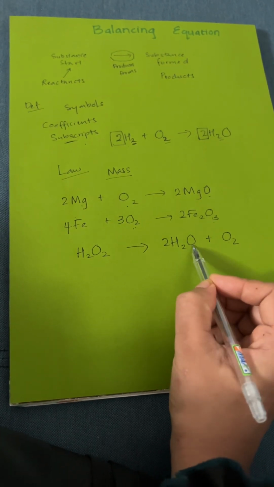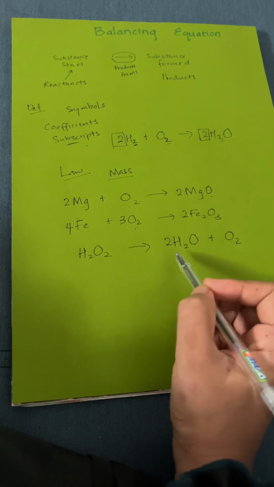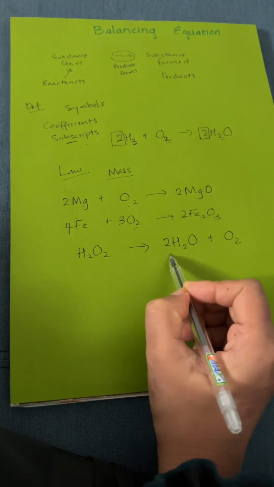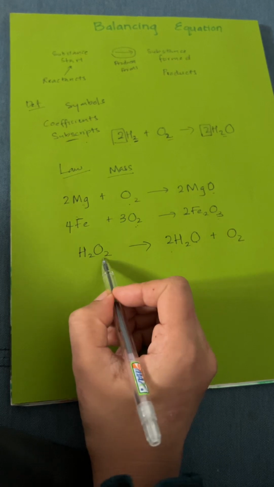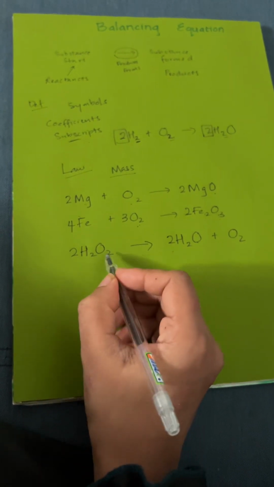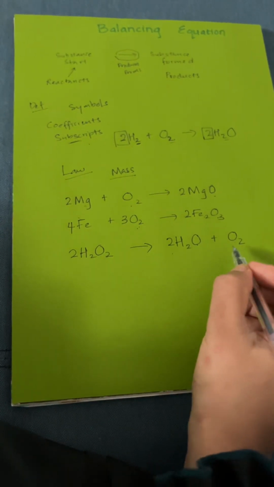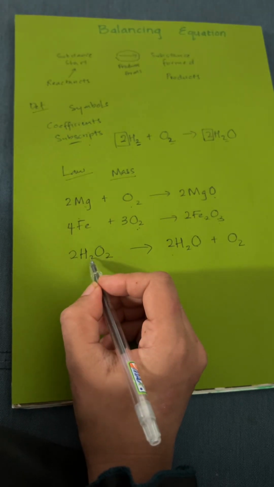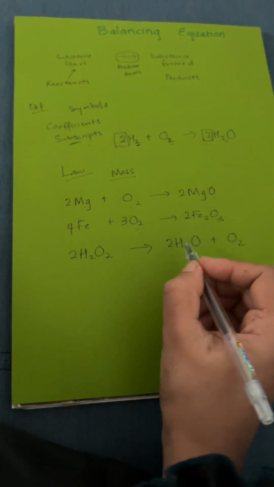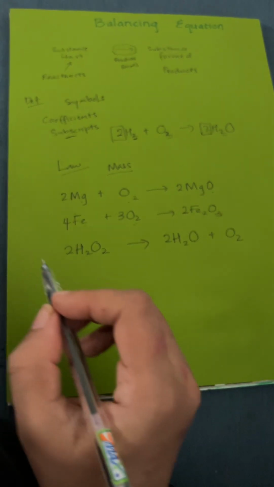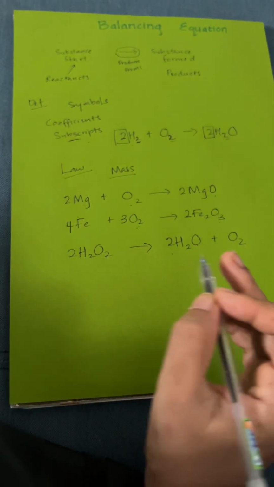So we put a 2 here, and now there are 2 oxygens, so the total number of oxygens on this side is 4. On this side it is only 2, so we put a 2 here. So 4 oxygens, then 4 hydrogens, and here also 4 hydrogens. So the equation is chemically balanced.